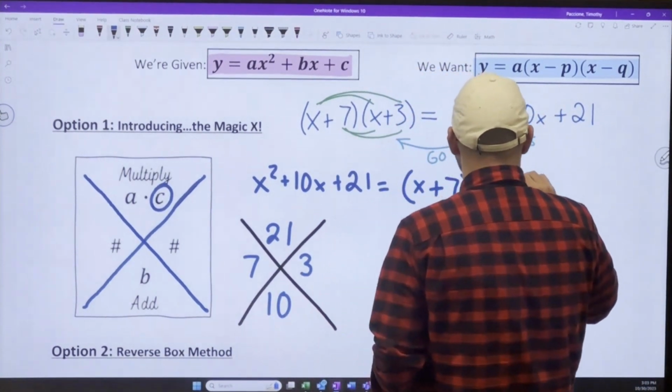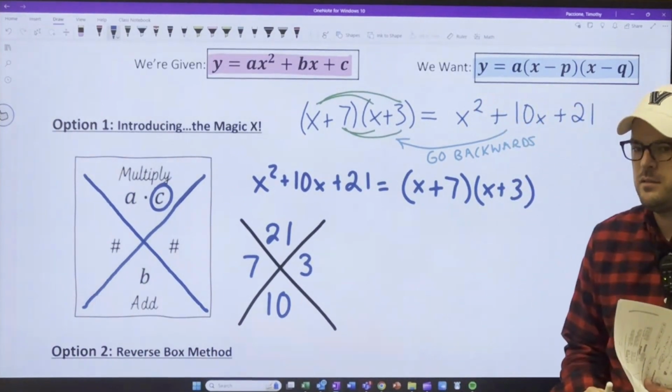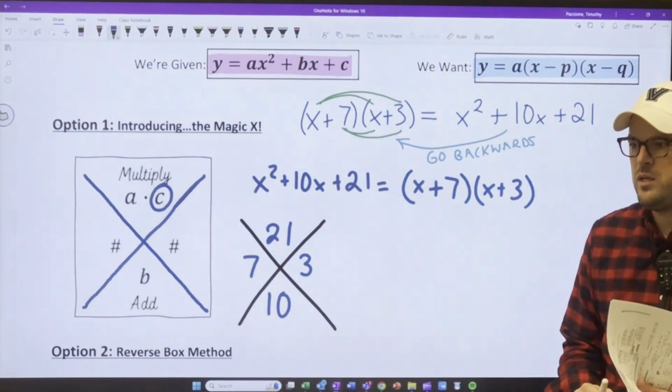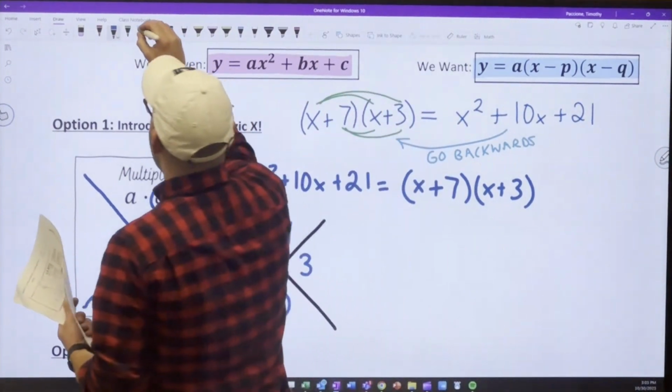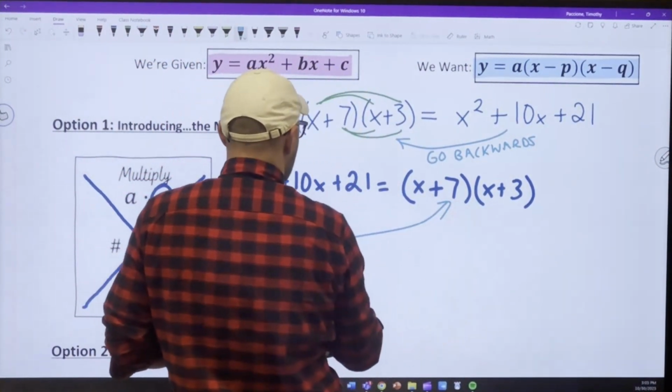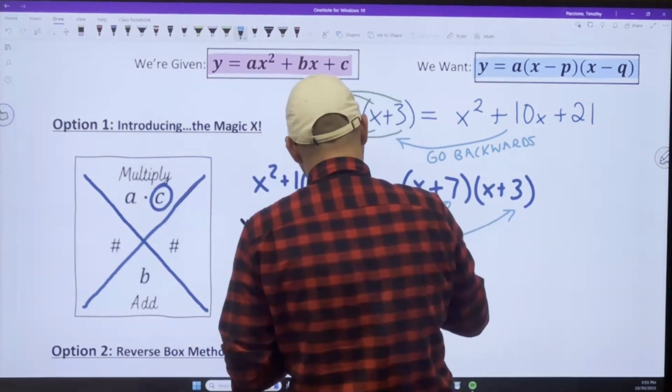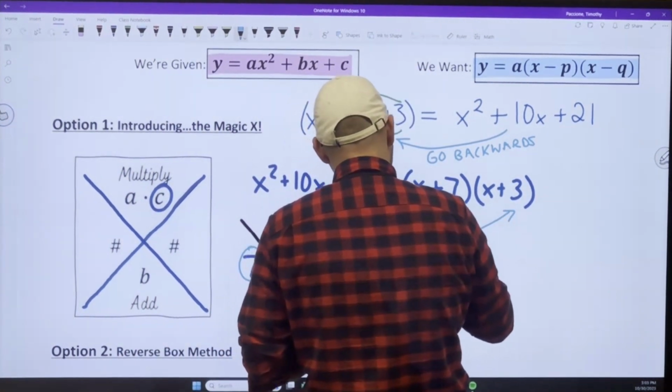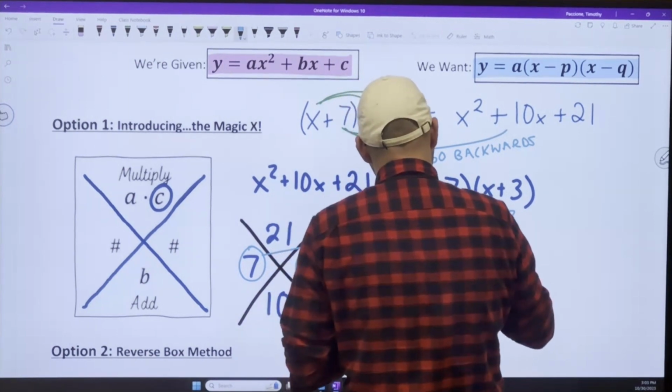Now, it's very important at this point that you do not flip signs. Everybody wants to flip signs at this point. When you're going from the X to the equation, do not flip. You will only flip when I'm asking you for the x-intercepts.